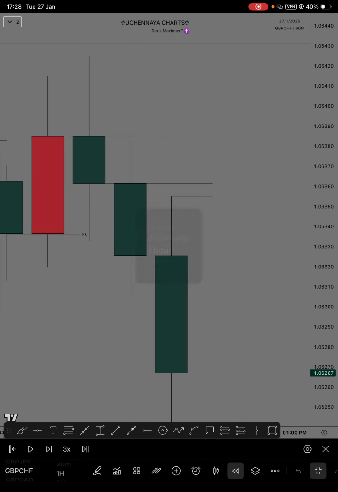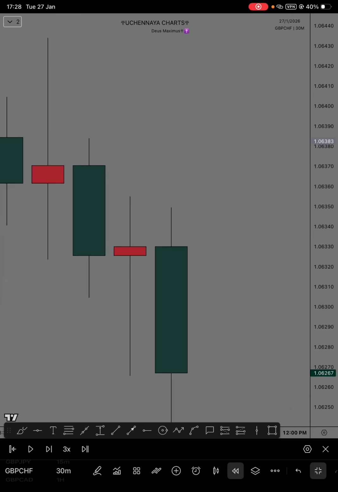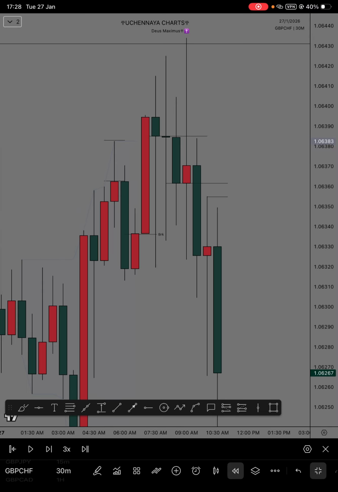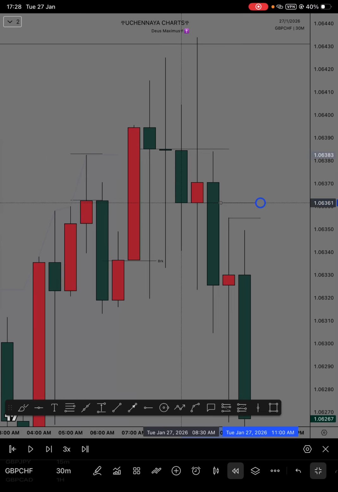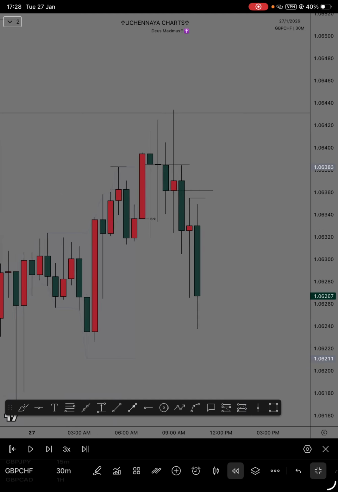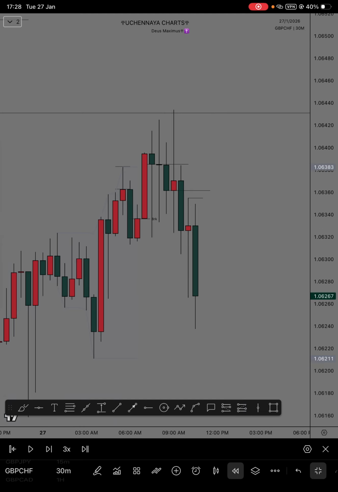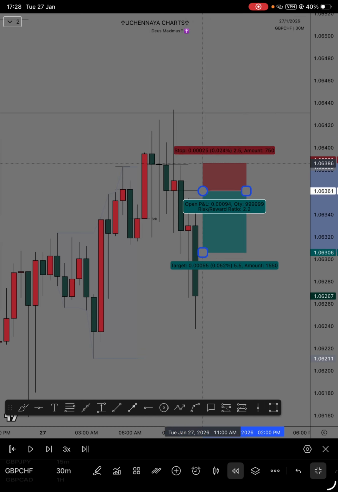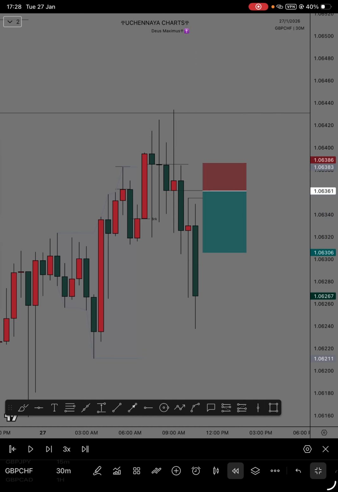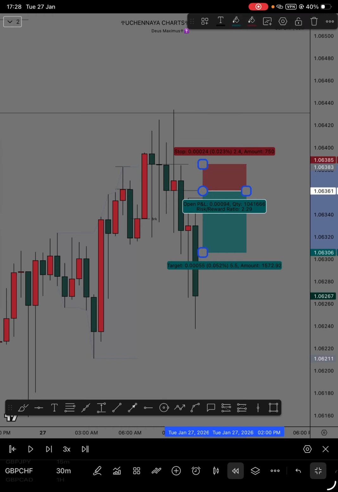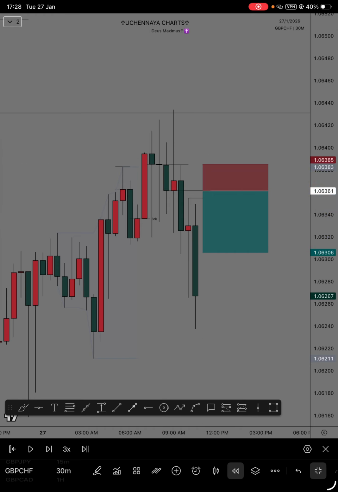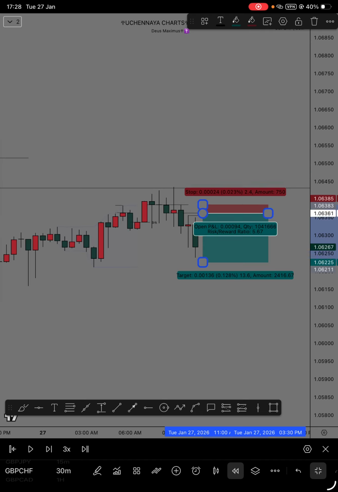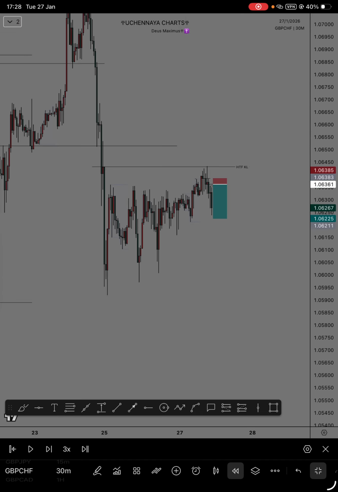This is where I think I went down to 30 minutes to refine my entry. So on the 30 minutes, this is exactly what the structure looks like. Okay, so I just went to the 30 minutes time frame, placed my entry with my stop right around this level. Yeah, I think so, or somewhere around here. Okay, so my stop around there. And where is my nearest target?